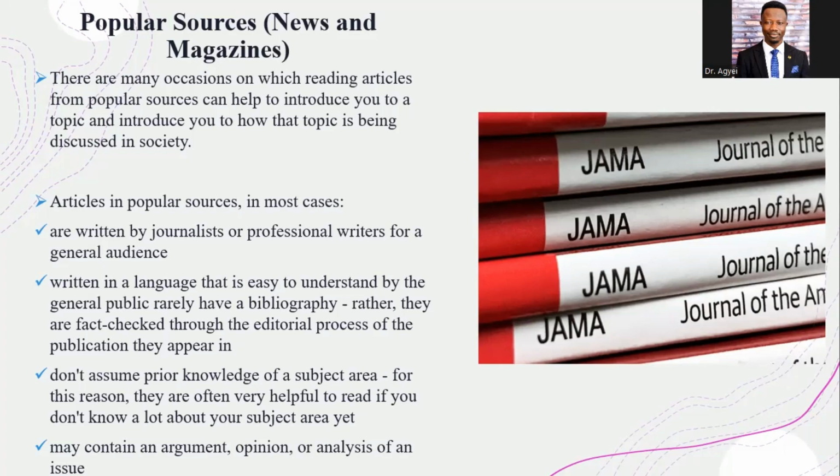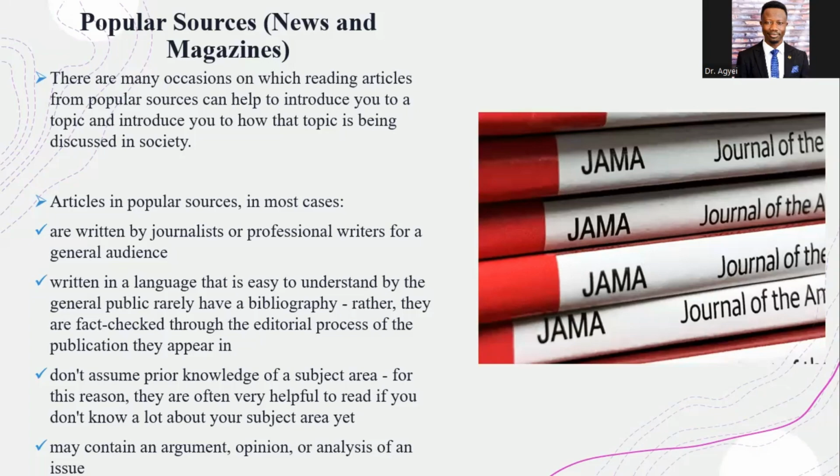And usually news and magazines, professionals write them, although they are not refereed the way peer-reviewed journals go through regular refereeing. But at least the editorial processes over there do some basic fact check. So this can be one of your starting points when you are developing interest.